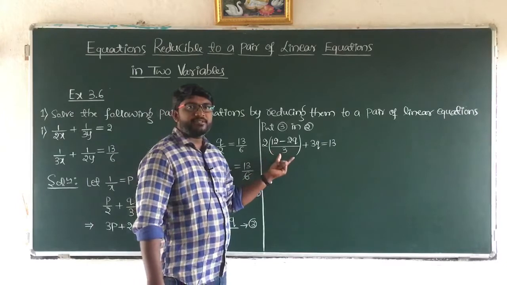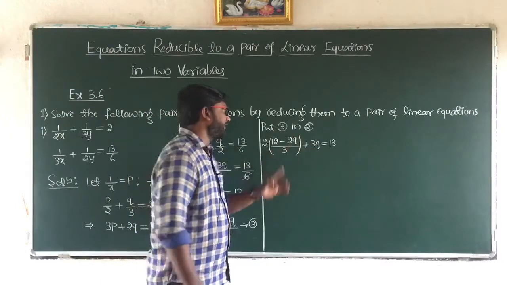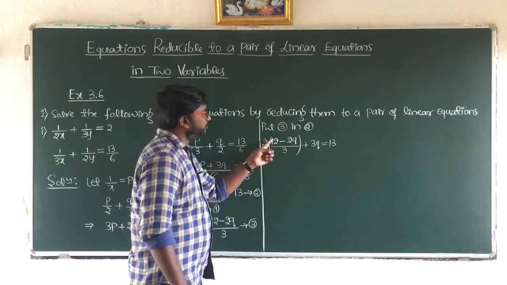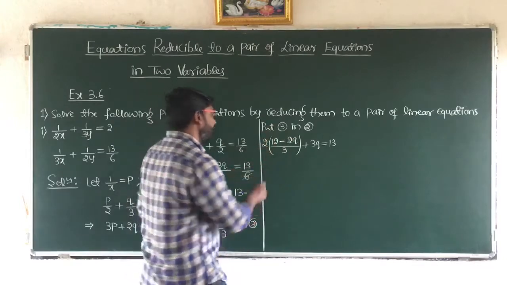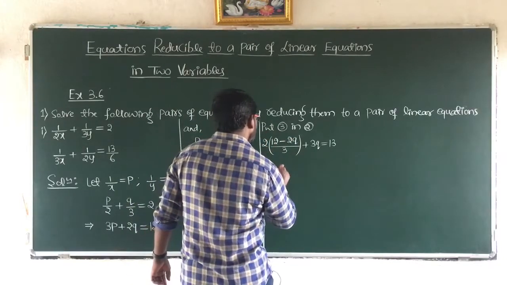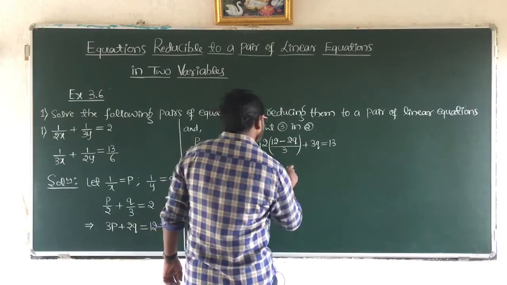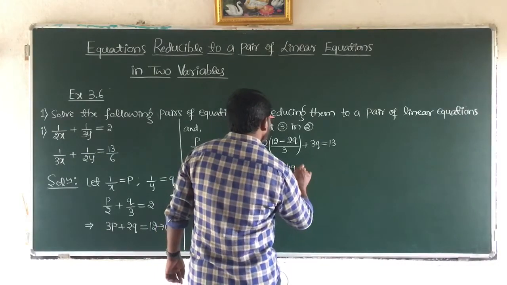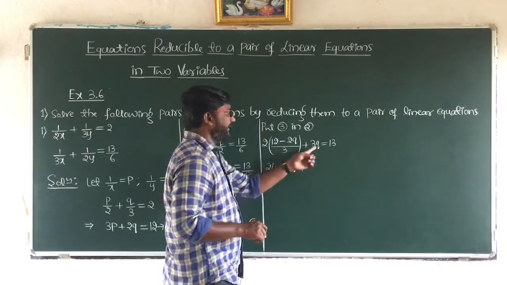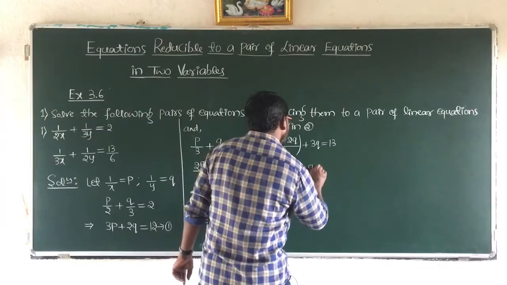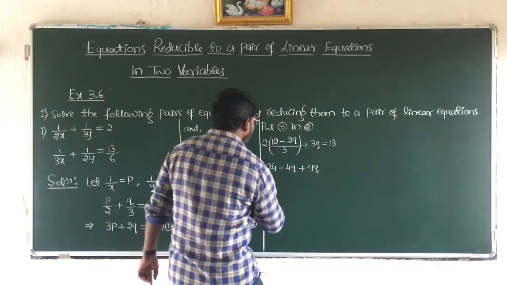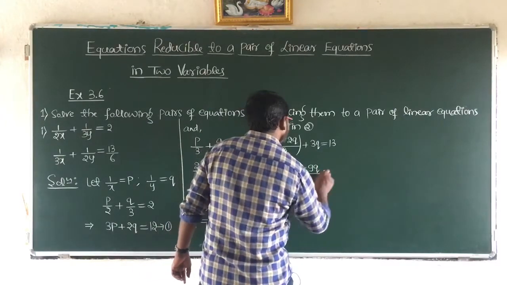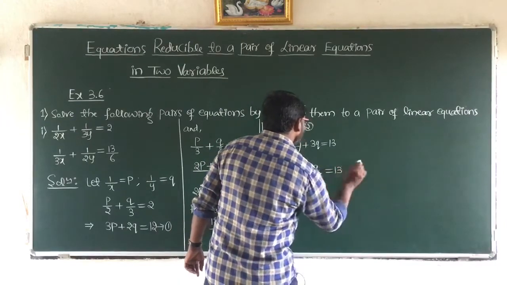Again we have to take up the LCM. 3 will be multiplied with 3q. At the same time multiply 2 with these two terms. 2 into 12 is 24, then minus 2 into 2 is 4q, plus 3 into 3q will give us 9q, then whole divided by 3 equals 13.